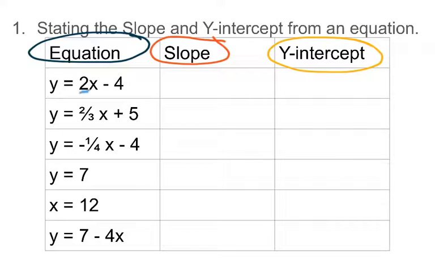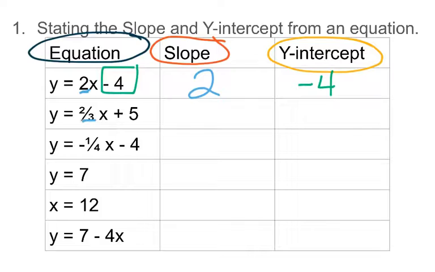So you will see a 2 in front of the x in 2x minus 4. So 2 is the slope. Where the graph crosses the y-axis is the y-intercept, which is the number without an x beside it. So this graph crosses the y-axis at -4 and has a slope of 2.